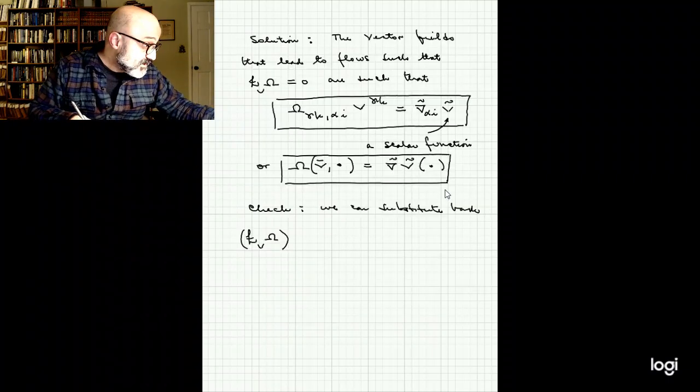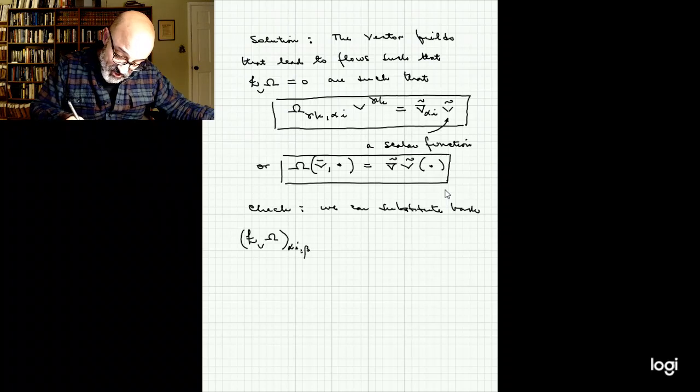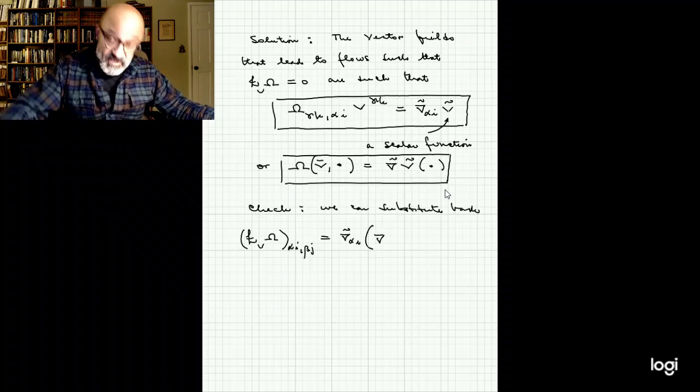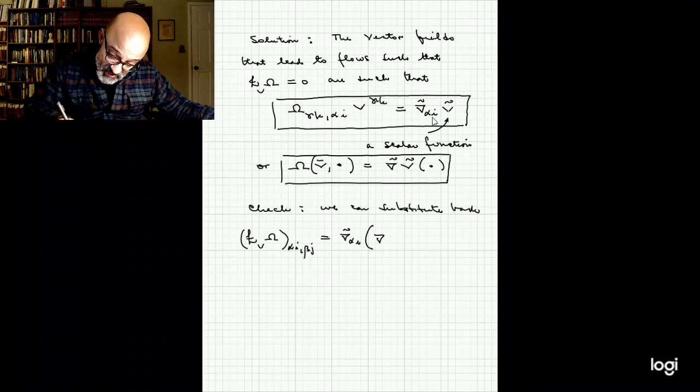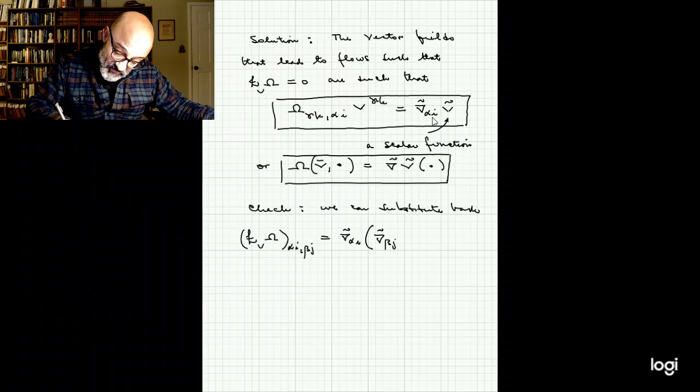This guy, alpha I beta j, is going to be alpha I, and here we apply our vector. This is going to be this object, but now with beta j of a scalar.